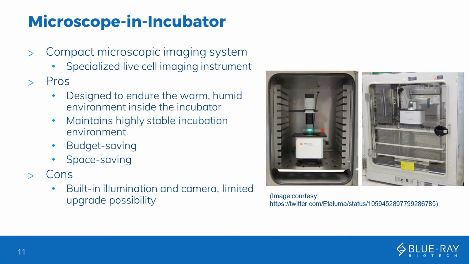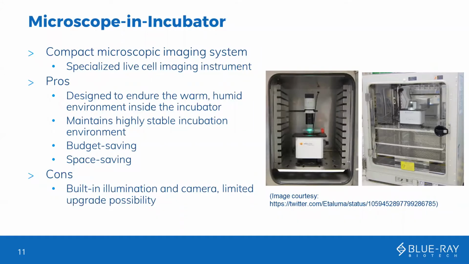The second one is microscope in incubator. This is a specialized cell imaging instrument, specially designed to be placed in the incubator. Because the incubator has a high temperature and high humidity environment, this kind of specialized design can be placed inside the incubator with a very stable environment.